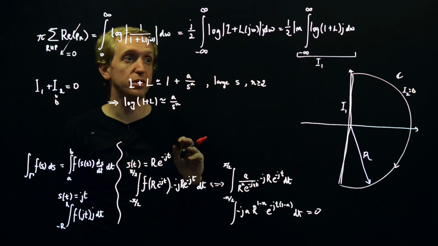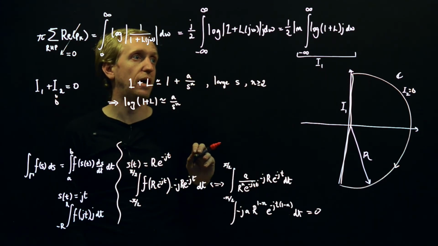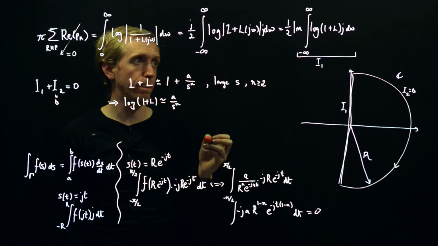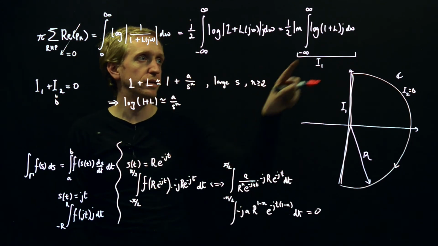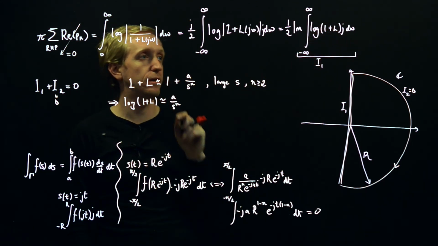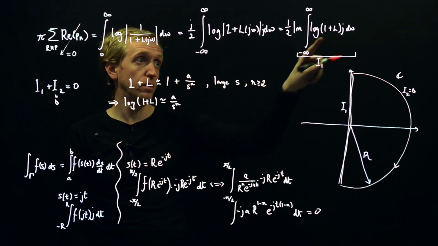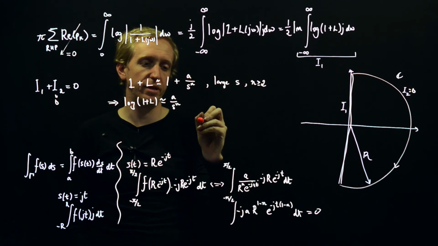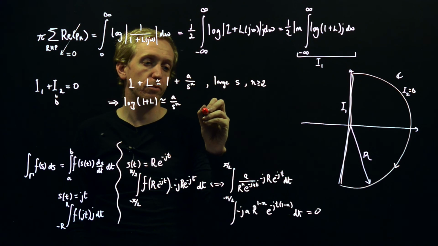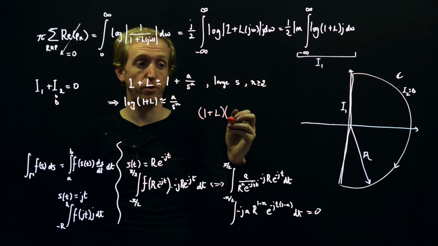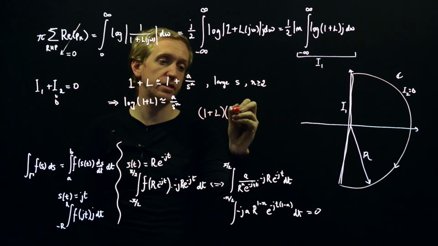So finally, just some clues for how to extend this, if you want to have a go yourself. I think the easiest way is if L has some right half plane poles, then you should look at 1 plus L, and then you should multiply this whole thing by s minus p over s plus p.